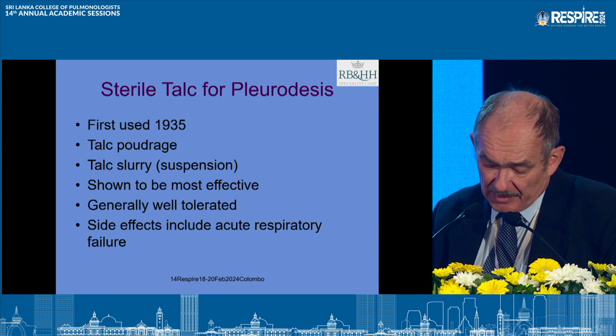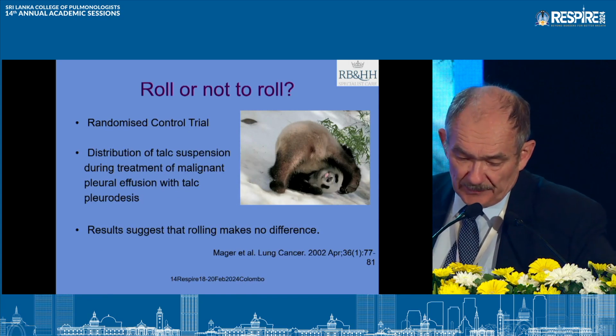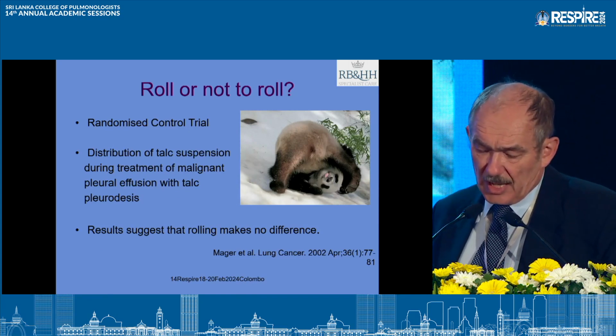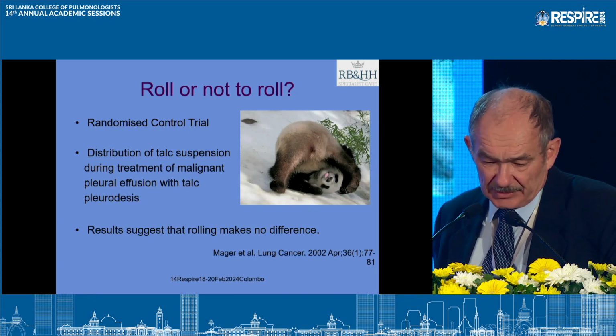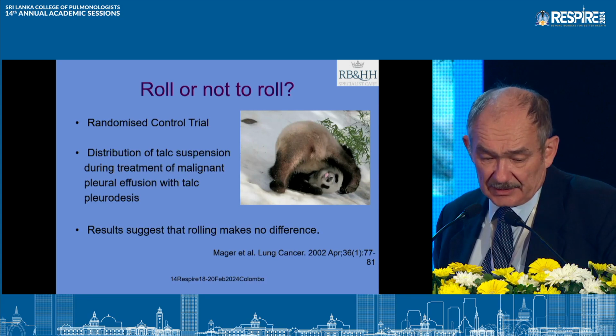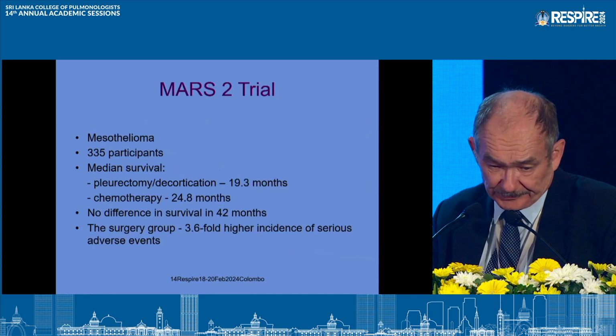You need to remember about it, and it could be difficult to manage. And the question is whether we should advise the patient to roll or not after talc slurry is introduced into the pleural cavity. This research demonstrated there is no point to roll, and it makes no difference to the effectiveness of the procedure.